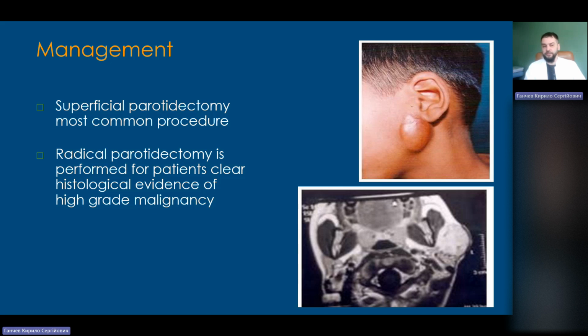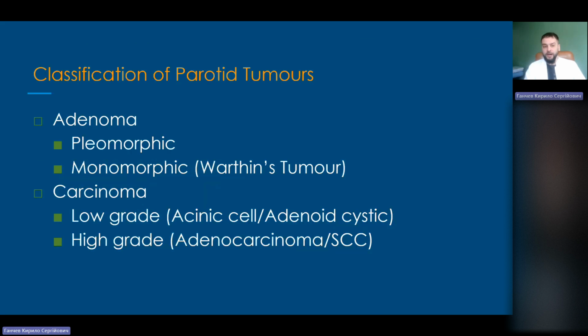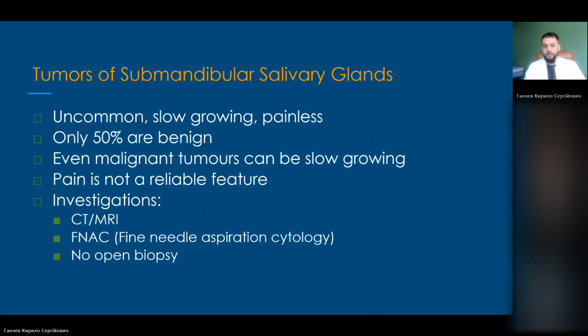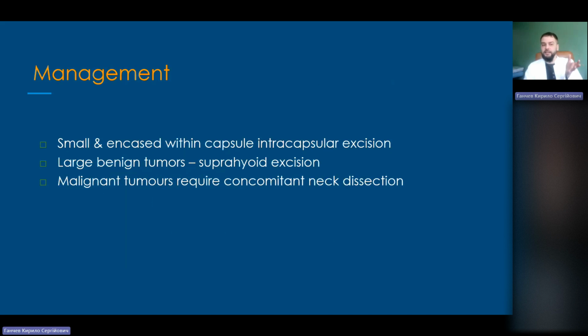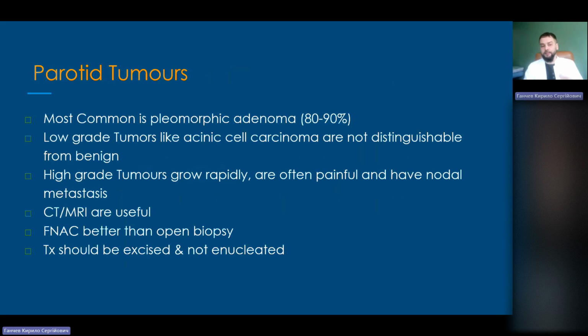Radical parotidectomy is performed for patients with clear histological evidence of high-grade malignancy. How do we know that? We know that after these investigations: no open biopsy, and then cytological investigation could say if the tumor is benign or malignant.